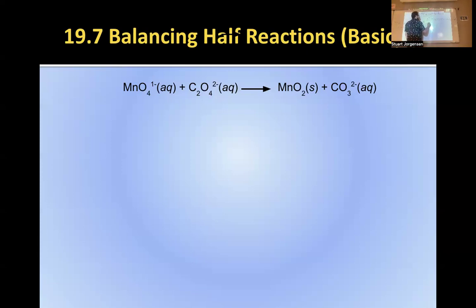So on this side, we end up with 2 MnO4 minus plus 6 e minus plus 8 H plus, going to 2 MnO2 plus 4 H2O. Which one's going to be easier to rewrite?